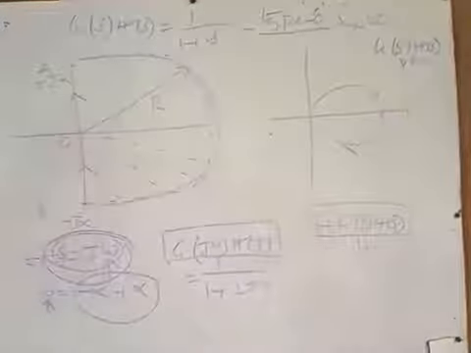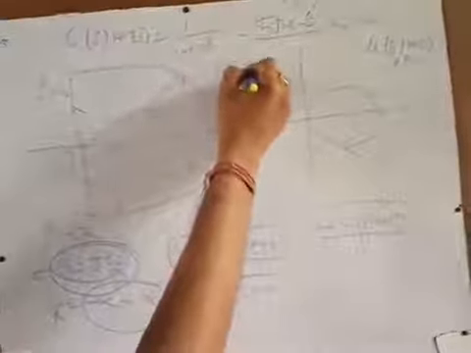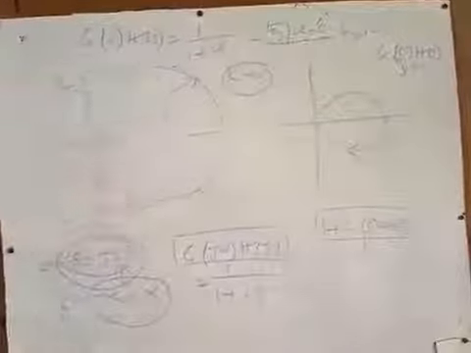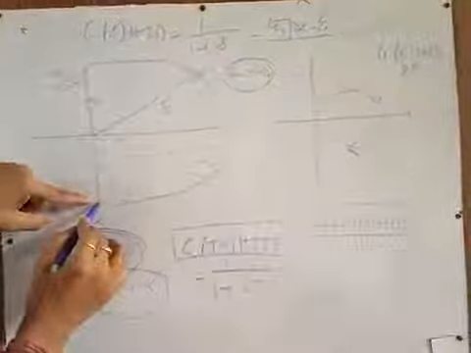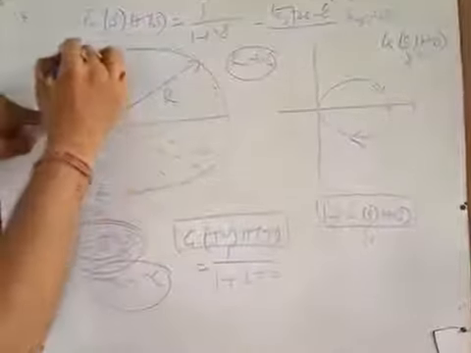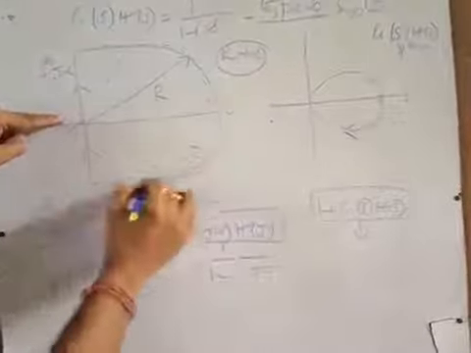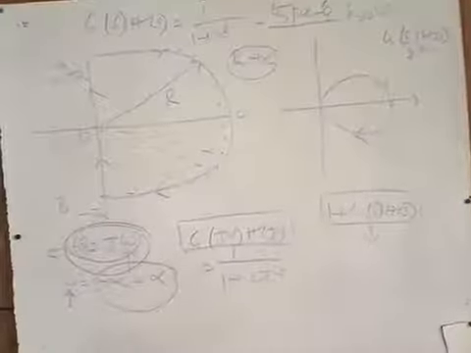And if you make R tend to infinity, you extend this radius to infinity, and it covers all the poles and zeros at the right hand side of the S plane. So starting from B to O to A, and finally going to, say, C and coming back to B, this contour in the S plane covers all the poles and zeros at the right hand side of the S plane, right?